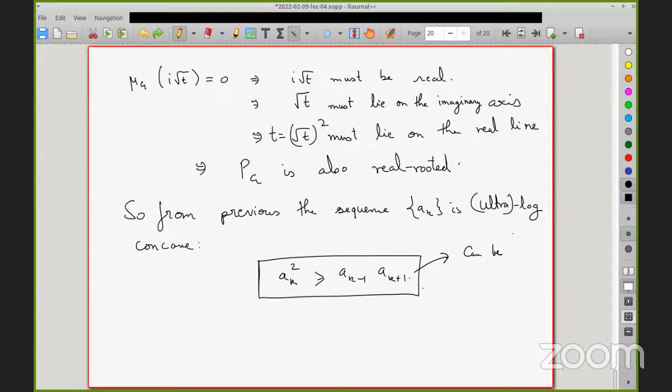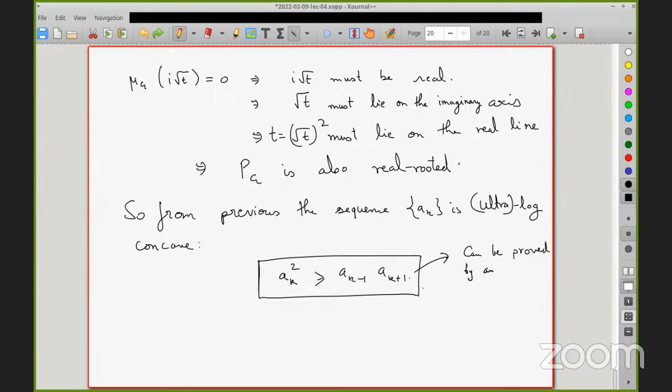You would imagine a combinatorial argument, trying to set up an injection between the two product sets: matchings of size k times matchings of size k, to matchings of size k minus 1 times matchings of size k plus 1.